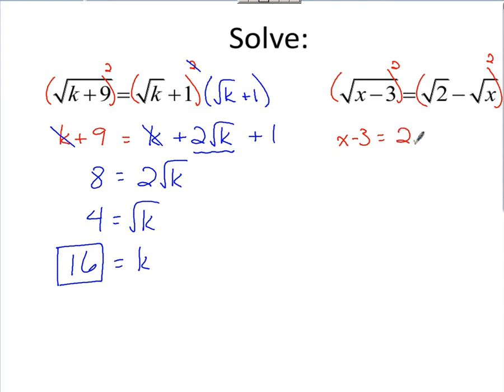It's going to be 2. It's going to be minus twice the product of these guys, so twice the product, multiplying the roots, square root of 2x. And squeeze in here plus x, right? Because I'm squaring that last term, root goes away.